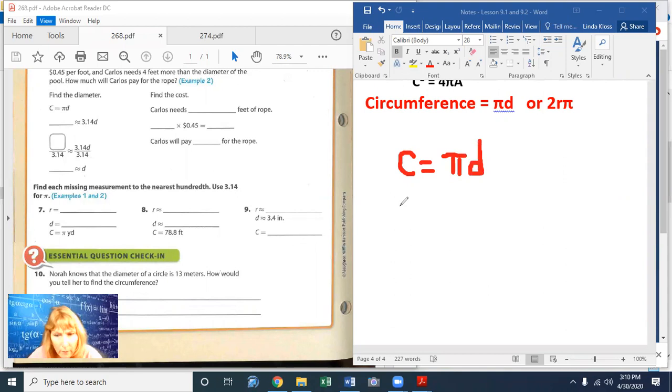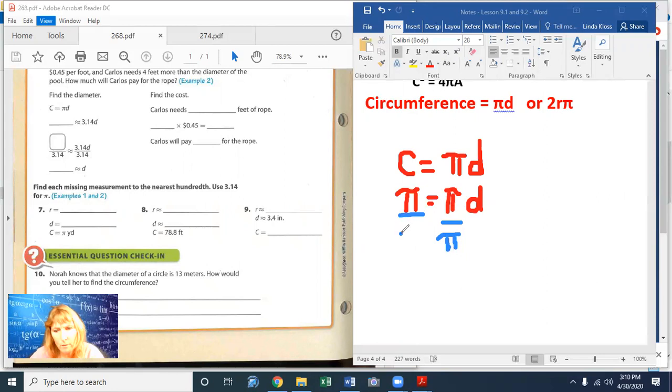The circumference is given, and we know we have a pi on this side. Don't be confused on this one. And we have a diameter here. How do I get d by itself? I divide both sides by pi to get d by itself.